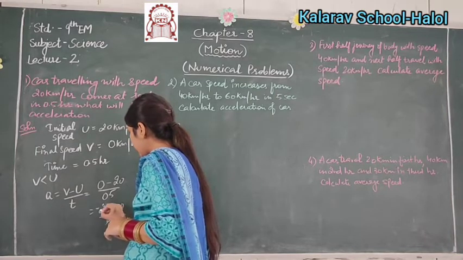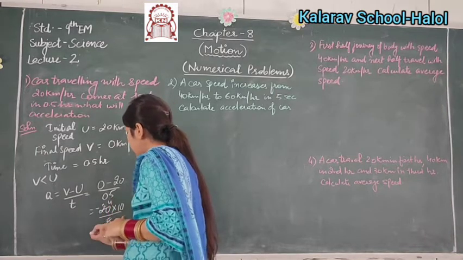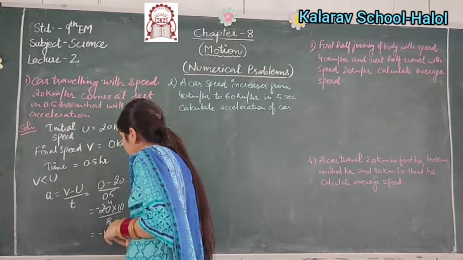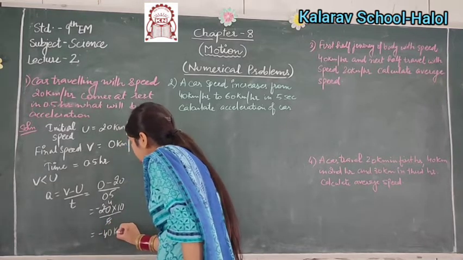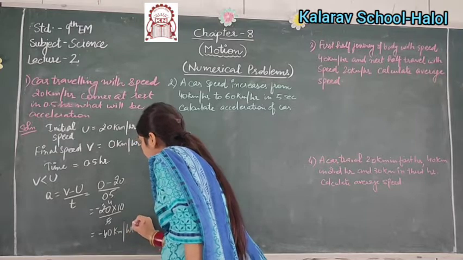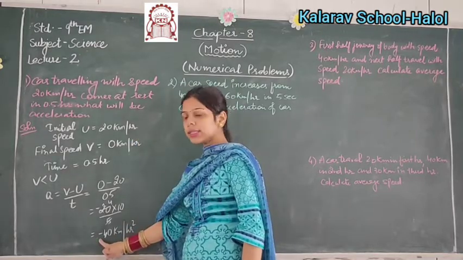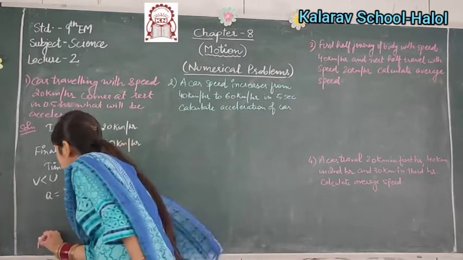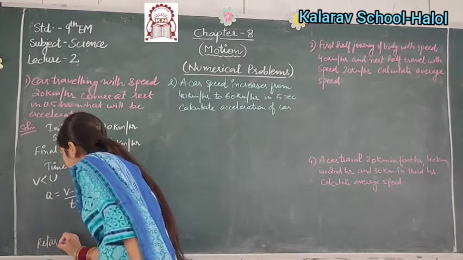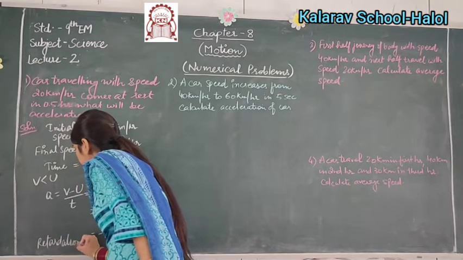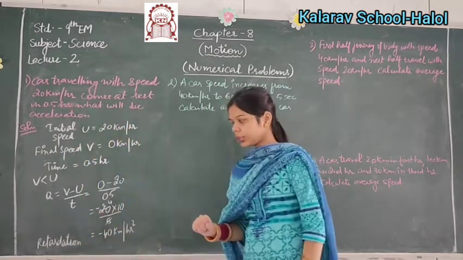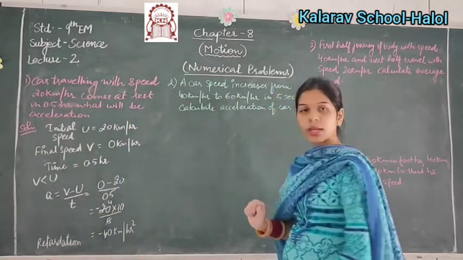So it is minus 40 kilometer per hour square. So we can say that it is retardation. So clear?